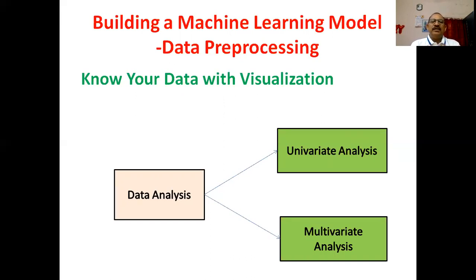We can classify data analysis into two main classes: univariate analysis and multivariate analysis. In univariate analysis, individual variables are analyzed to have a better understanding of them.